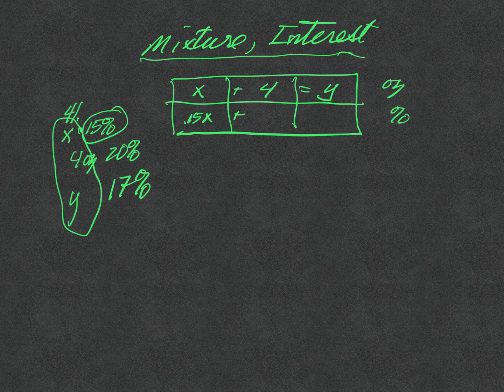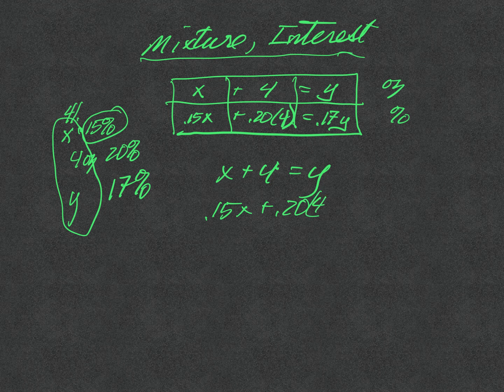And we're going to mix it with 20% of the 4 ounces, also alcohol. And we're going to end up with 17% of the total amount. And so there's your two equations. X plus 4 equals Y, and 0.15x plus 0.20 times 4 equals 0.17y.